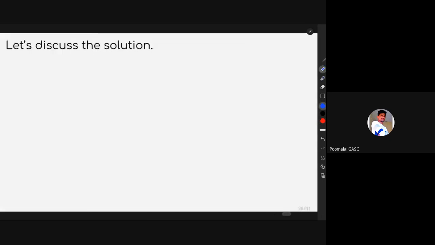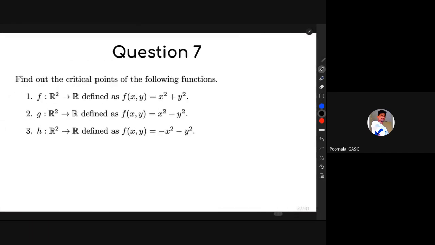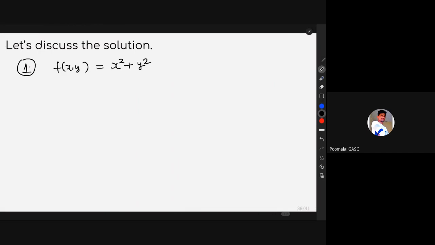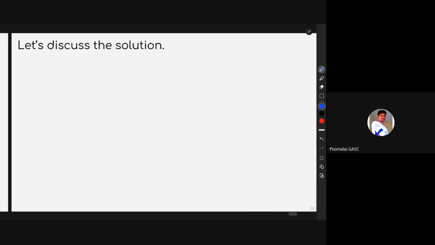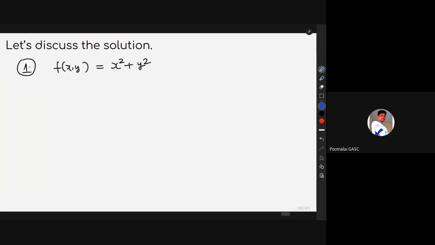Okay, so in part one, my function f(x,y) is given to be x squared plus y squared. Correct? So in order to find the critical points, you need to first calculate its partial derivative with respect to each coordinate direction, that means with respect to x and with respect to y, and then equate those partial derivatives to 0.